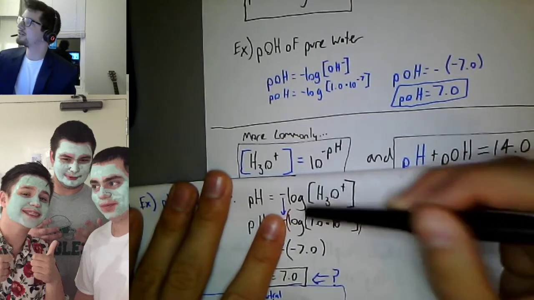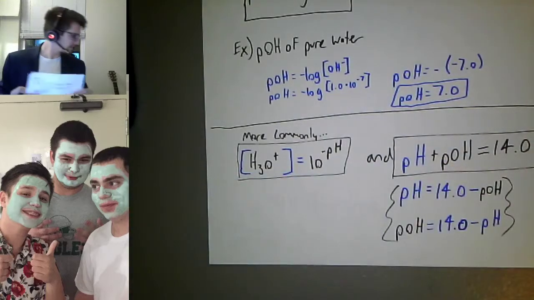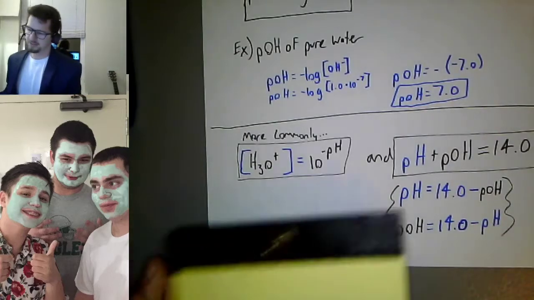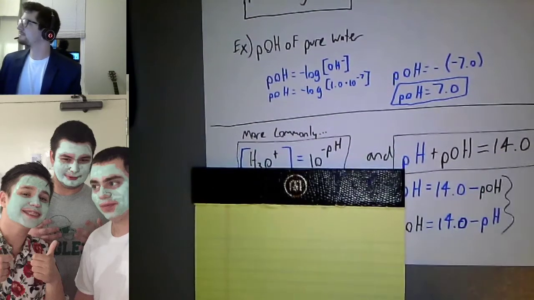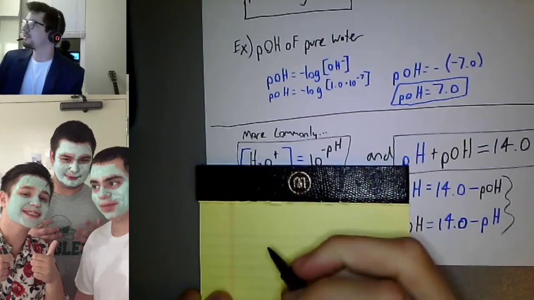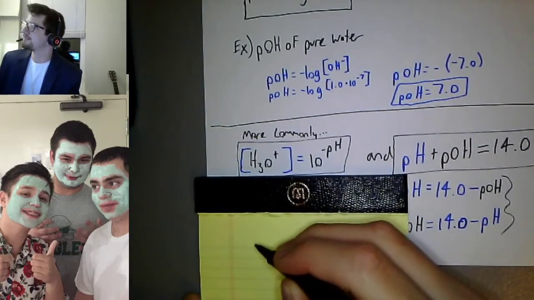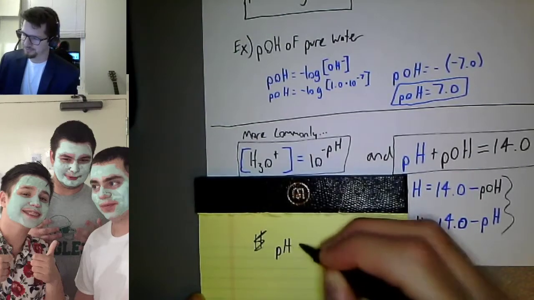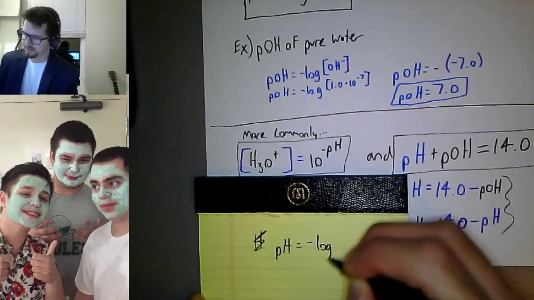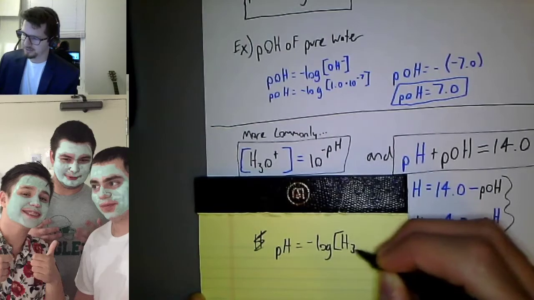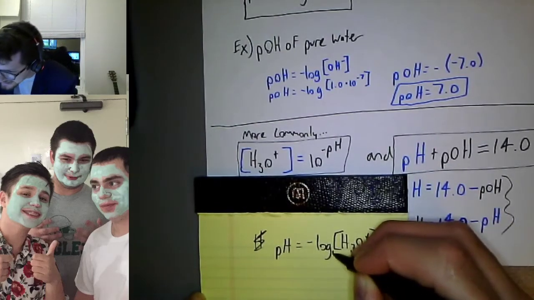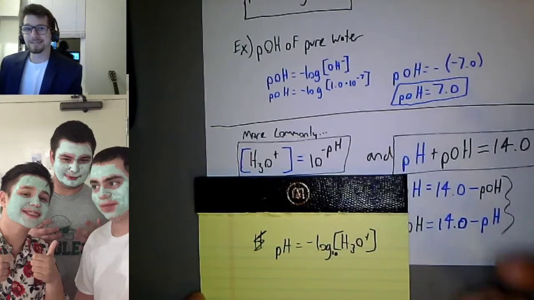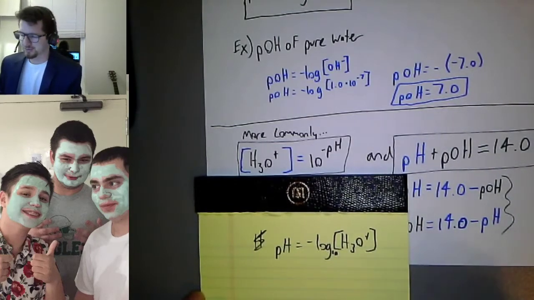Okay? What we did here, let me get out my little scratch sheet of paper. Here we go. How we got this, I'm not going to drag this out too long. If we had pH equals negative logarithm of H3O plus, and keep in mind that we have a little base 10 down here. This is why I'm doing logs in the math class as well, by the way.